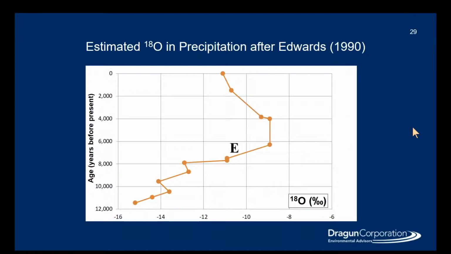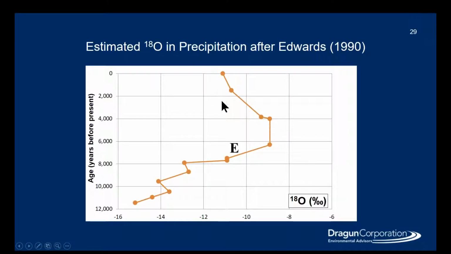And what he did was he looked at oxygen 18 in freshwater shells and ancient trees, and basically found this type of distribution. So time on the y-axis, oxygen 18 on the x-axis.